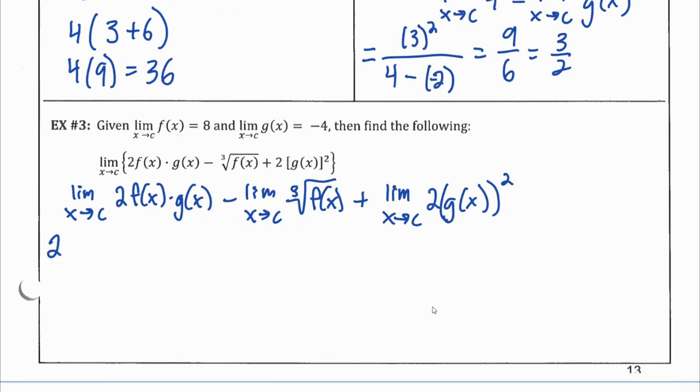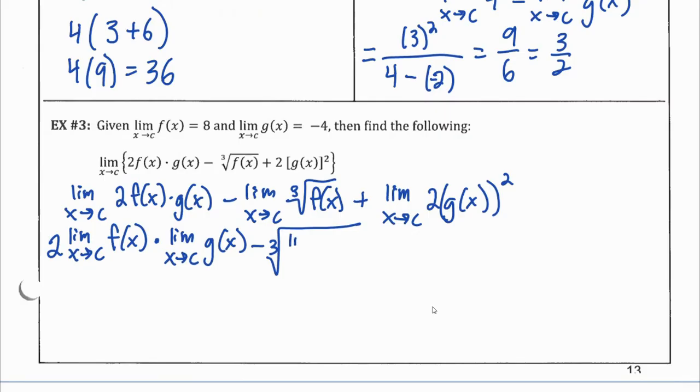So we're doing 2 times the limit as x approaches c of f of x, and we're multiplying by the limit as x approaches c of g of x. So that's our first piece. Okay, again, I took that coefficient out front, that 2, and the other pieces are the limits multiplied together. The next piece, we have the cube root of f of x, so I'm going to take that on the outside of the limit. So I'm going to do the cube root of this limit.